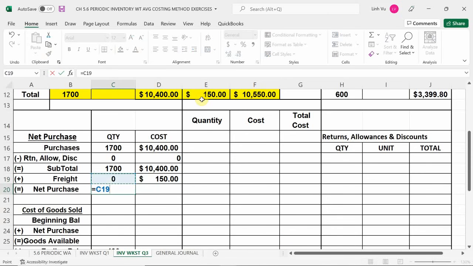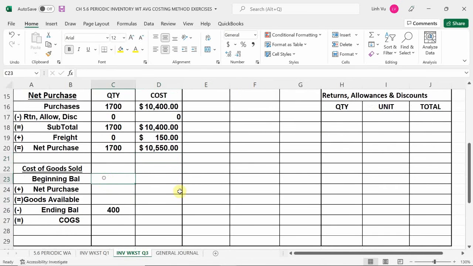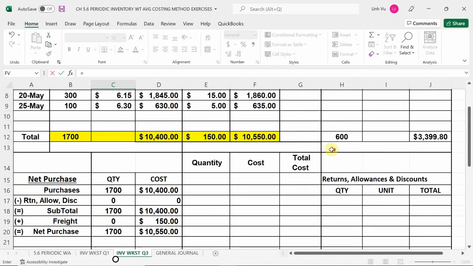So in this case, my total net purchases is going to be 1,700 units at a grand total of $10,550. Okay. We do have some beginning balance, right? That's what we carried over from April 30th.